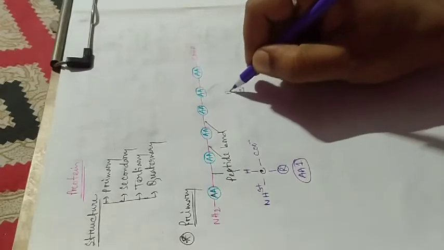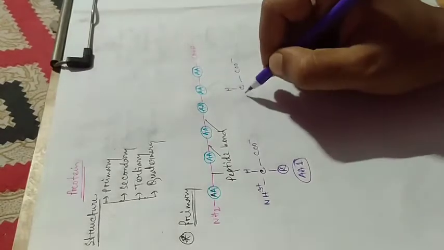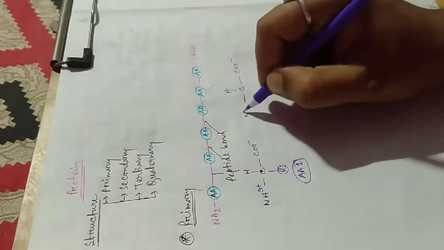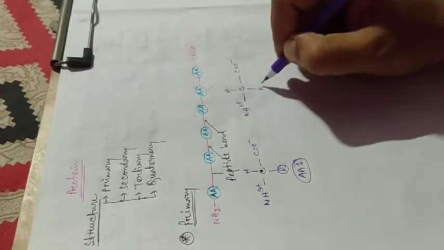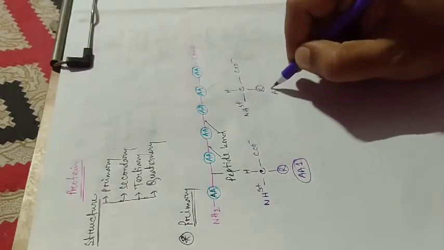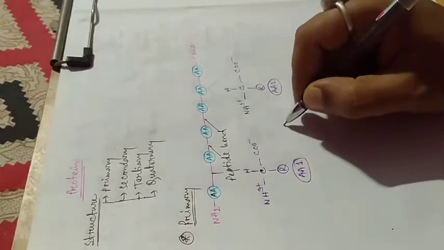CH, C double bond O, COO minus, and here NH3 plus. Then it also has an R side chain, that is amino acid 2. Then how does the peptide bond form?